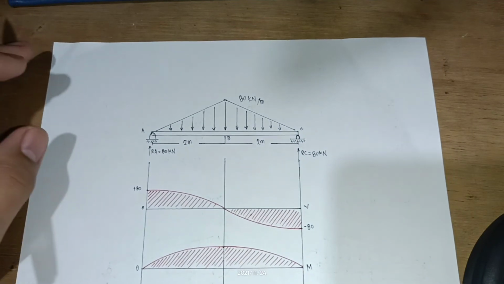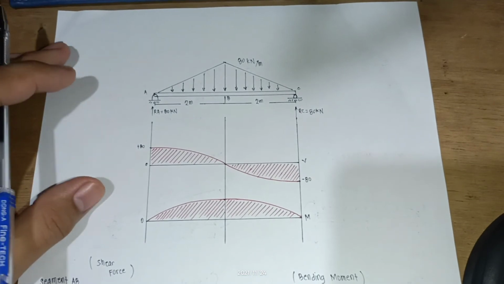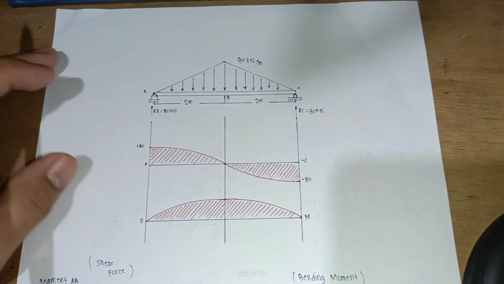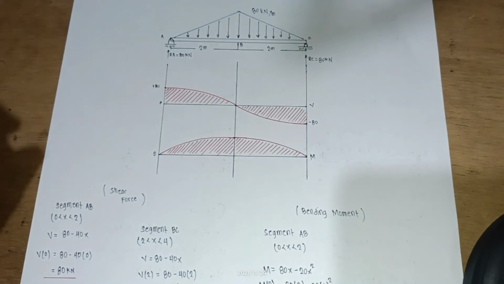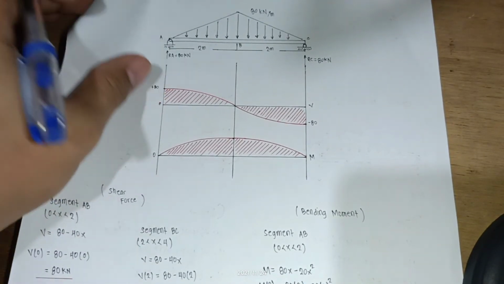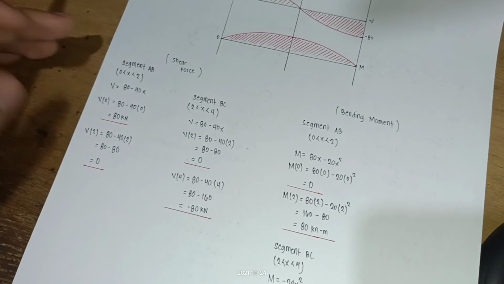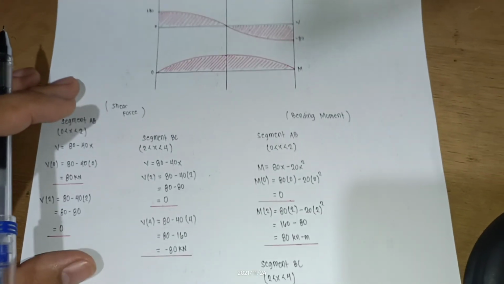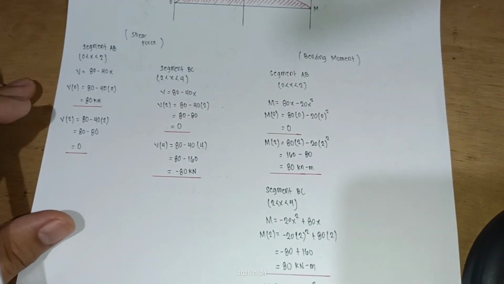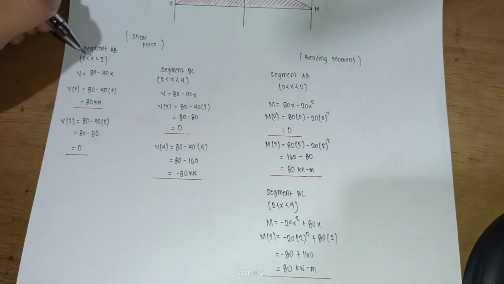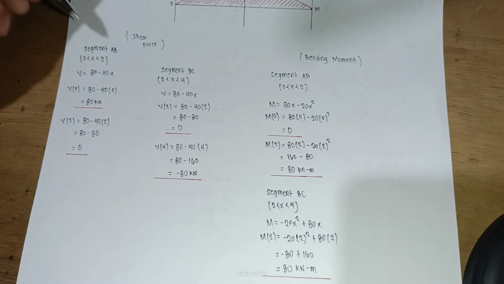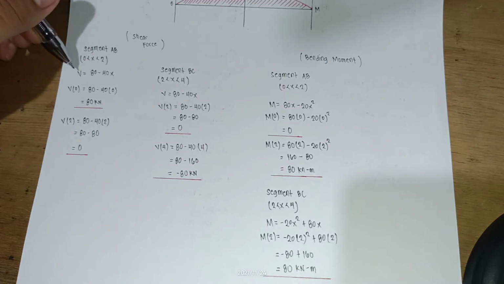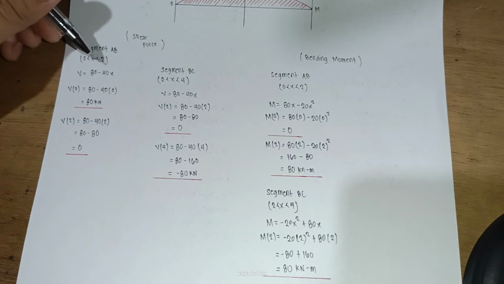And for the shear moment diagram, for the shear force at segment AB, where x is greater than 0 but less than 2, we will have V is equal to 80 minus 40x.